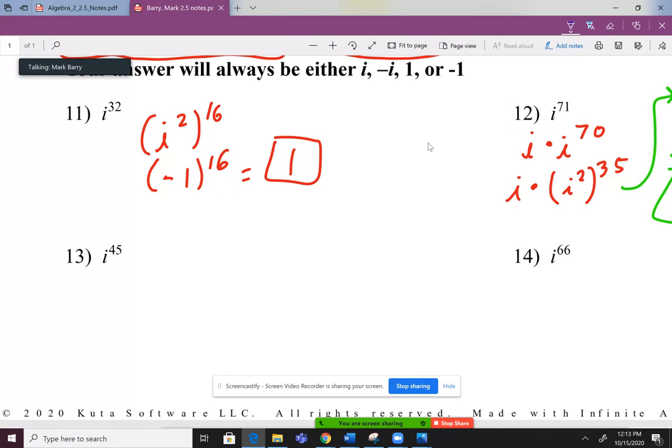All right, number 13, another odd one. So remember, first step for odd ones is to move one of your I's off to the side, which decreases it by 1, which makes it now an even number. Next step, take that even number, put parentheses with the I squared on the inside, and for your exponent on the outside, we cut it in half. So in this case, it'd be 22.